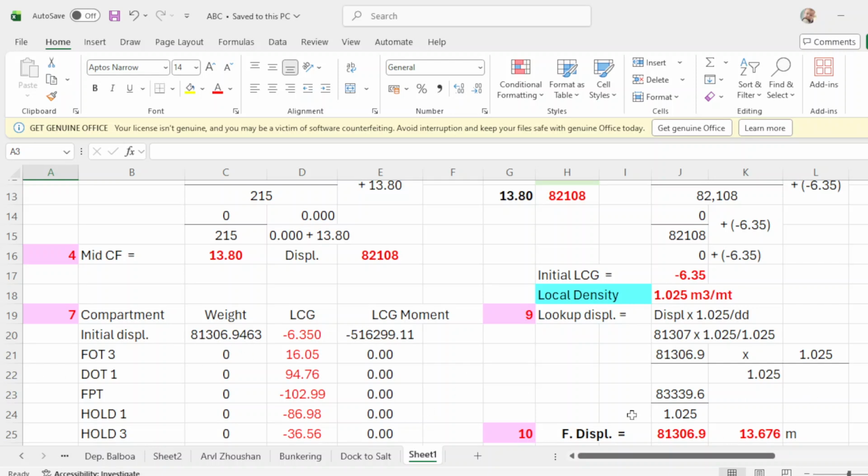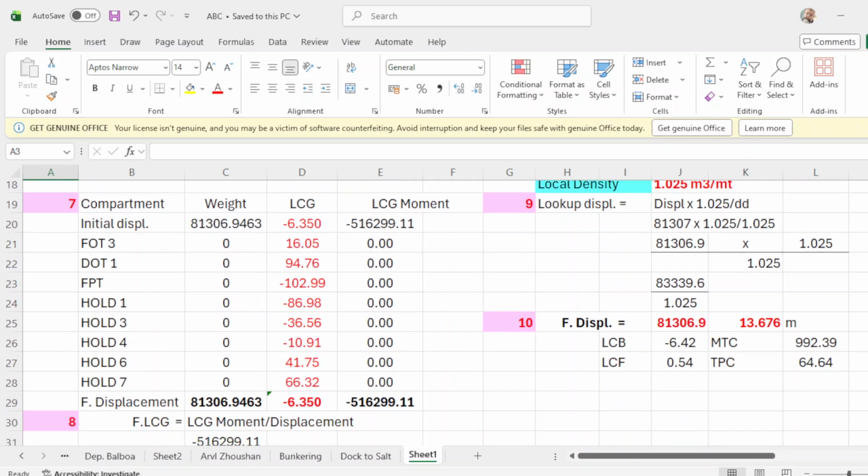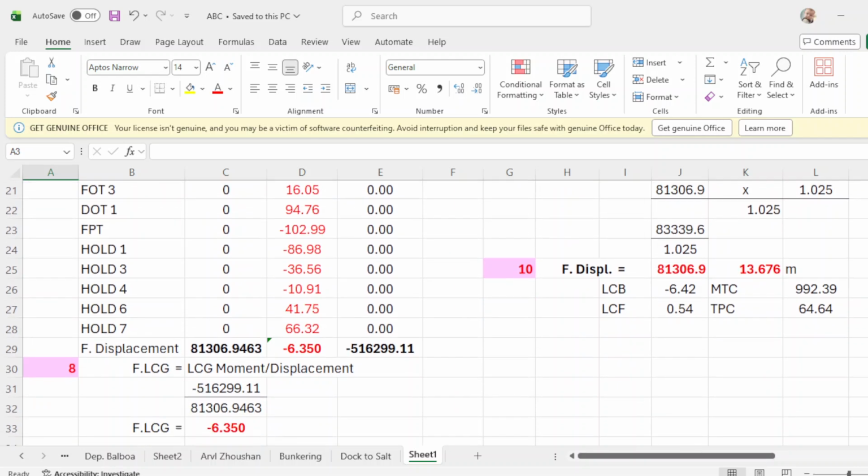Since you didn't load or discharge cargo, the final displacement will be the same as this figure. To find the final LCG, take the LCG moment and divide it by your displacement.